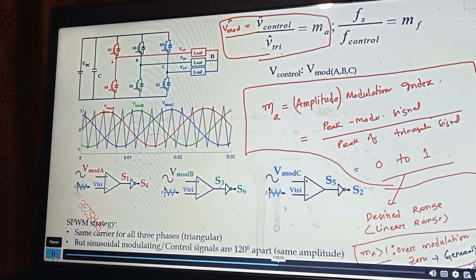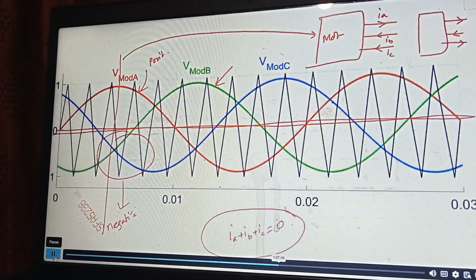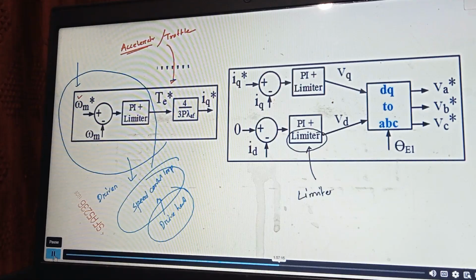How do we avoid it? By putting appropriate limiters. For example, whenever I was showing some closed loop controller, we always kept some limiter here, right? Any PI controller comes with a limiter. This PI controller effectively generates this modulating signal.